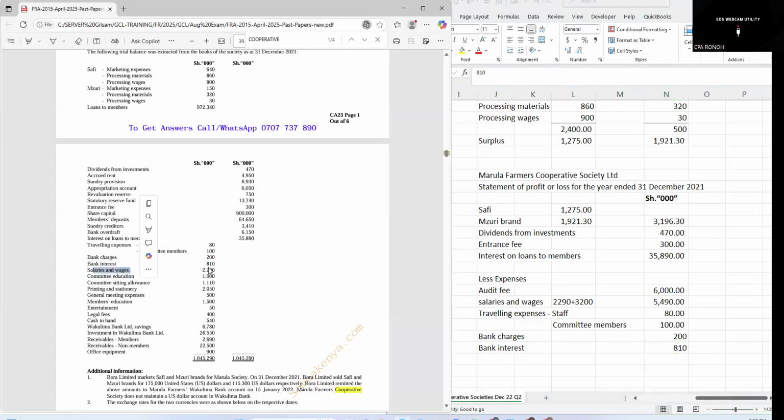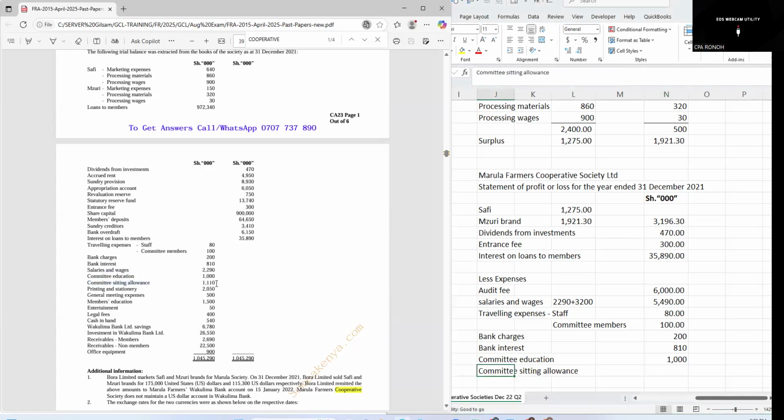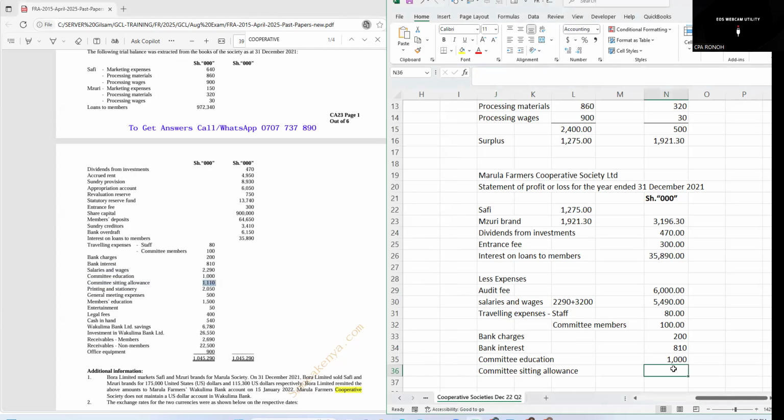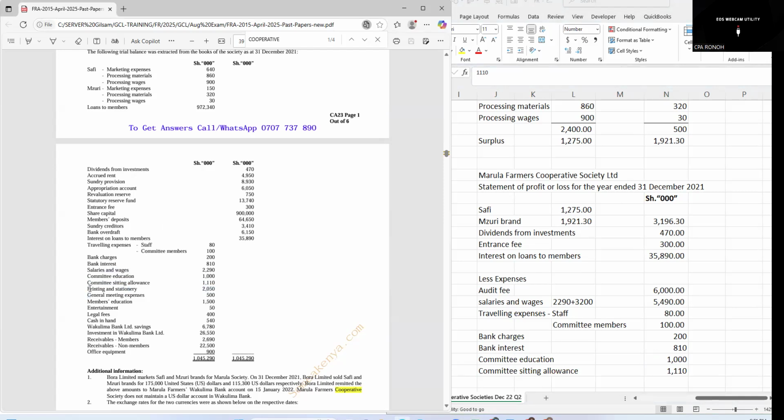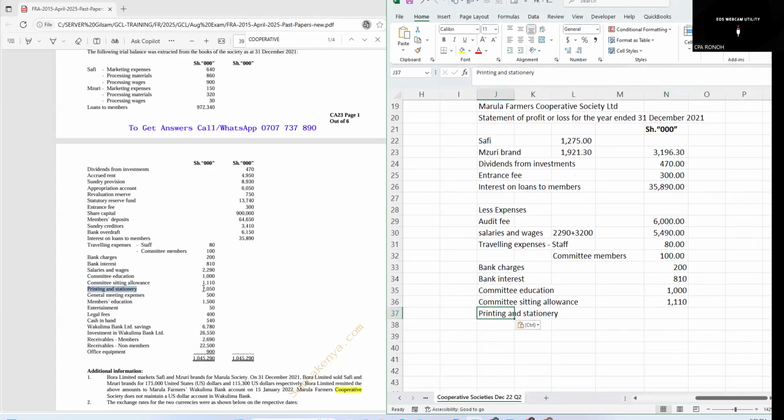Salaries and wages, we have accounted for that one. Committee education 1,000. Committee sitting allowance of 1110. Printing and stationery 2050.